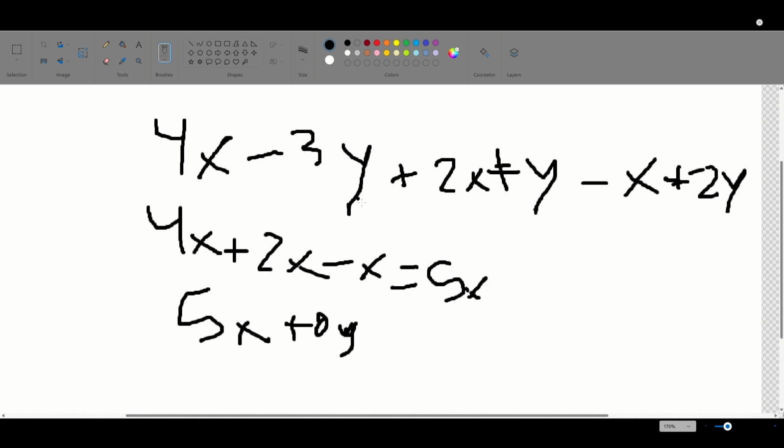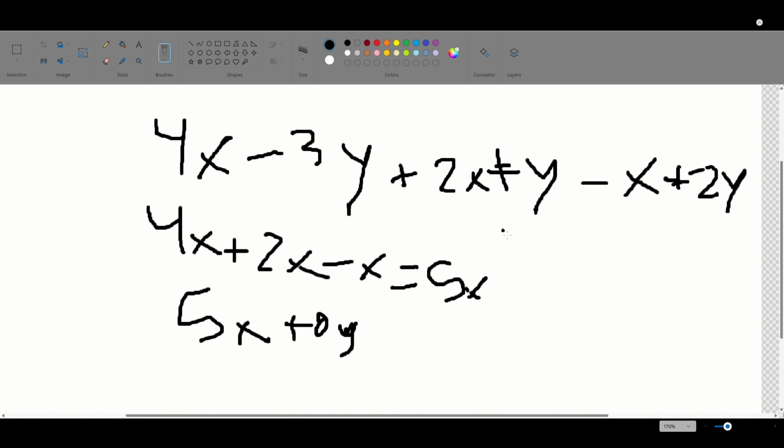Since this is subtracted, you moved the addition symbol over here. And now we're left with 3y, and then plus y, and then 2y.